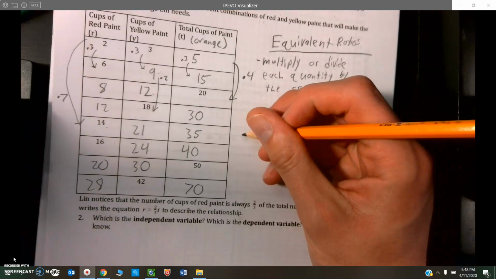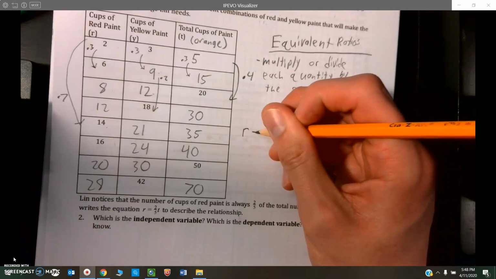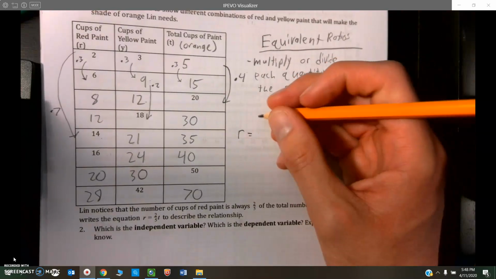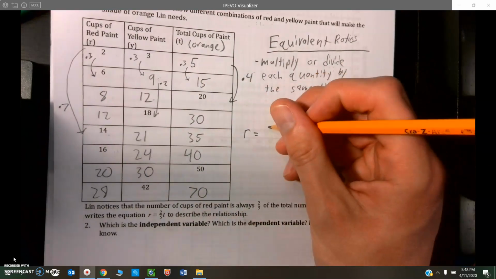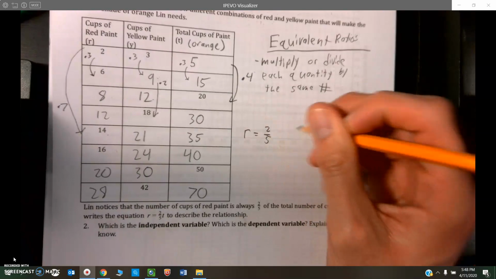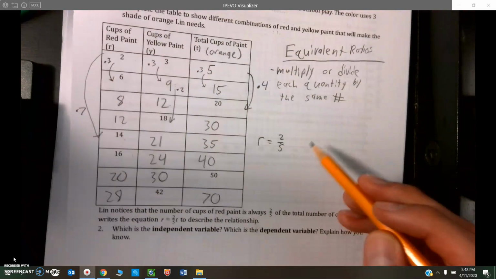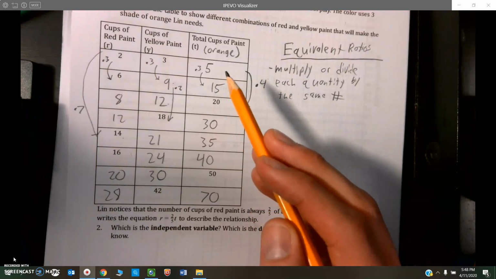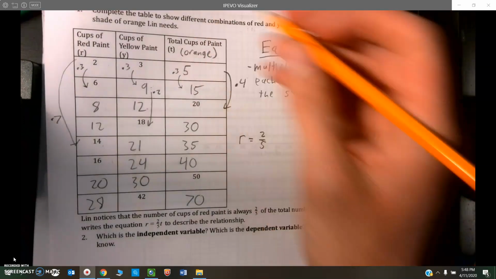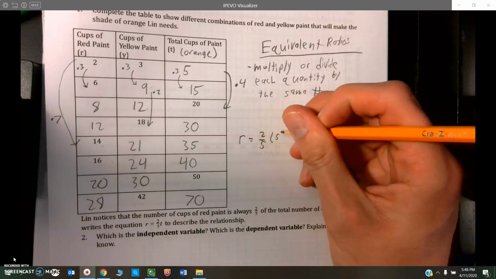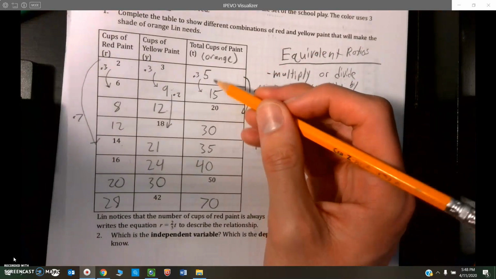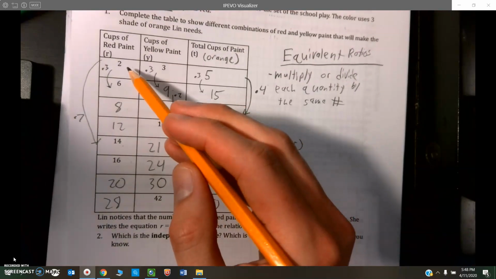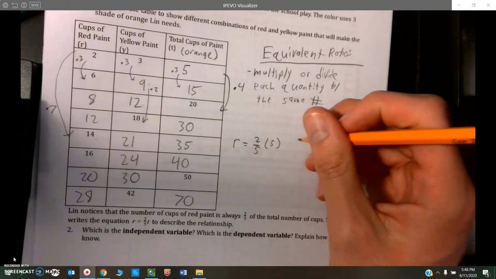So, she's saying that in order to find how much red paint you use, it would always be 2/5 of the total amount of paint. So let's say she made 5 cups of orange paint. So 5 cups total. So that means that if I made 5 cups, then I should have used 2 cups of red. Let's see if that works.